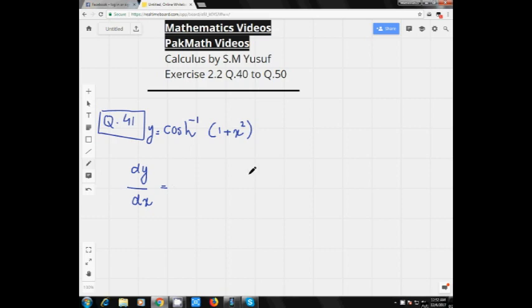You must be pretty familiar with the derivatives of inverse hyperbolic functions, and the derivative of cos hyperbolic inverse of 1 plus x square has to be determined in the next step.